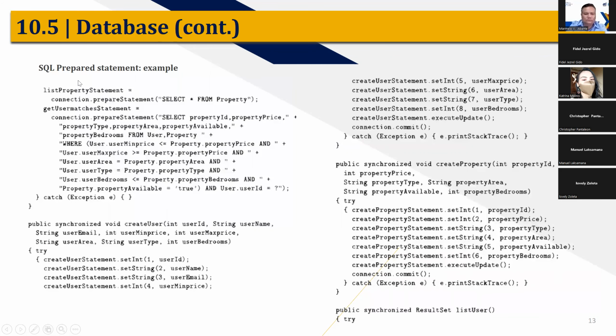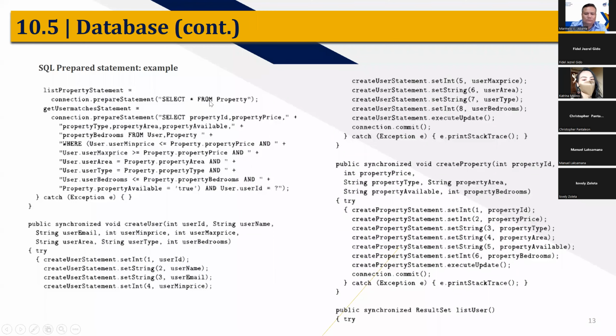Here you can see the SQL prepared statement example. Okay. This script and syntax uses SQL scripting, specifically the select asterisk. Select asterisk from properties.